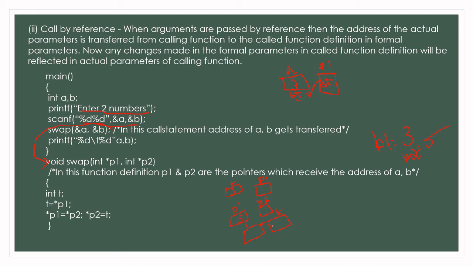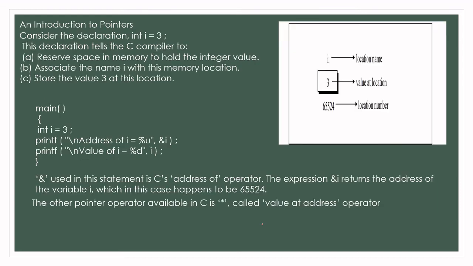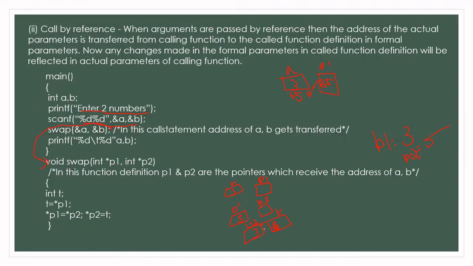That's 3. 3 gets stored into P2. So in such a way this is swapped over here. P1 now has 5 and P2 now has 3. And that's all about call by reference.